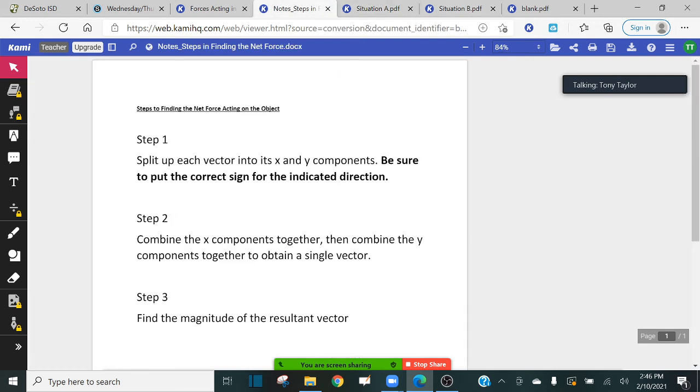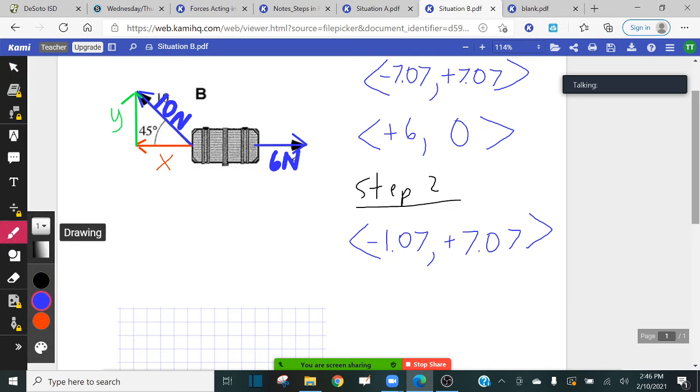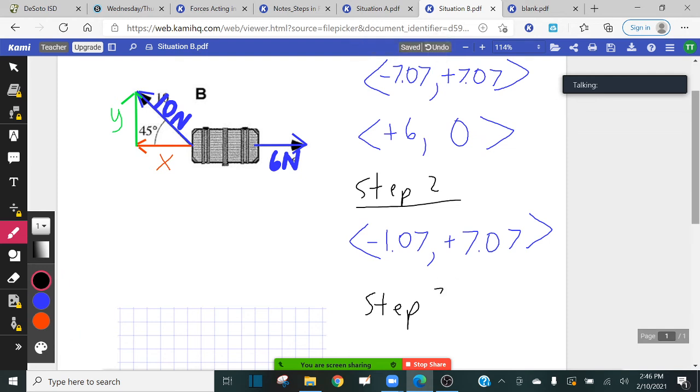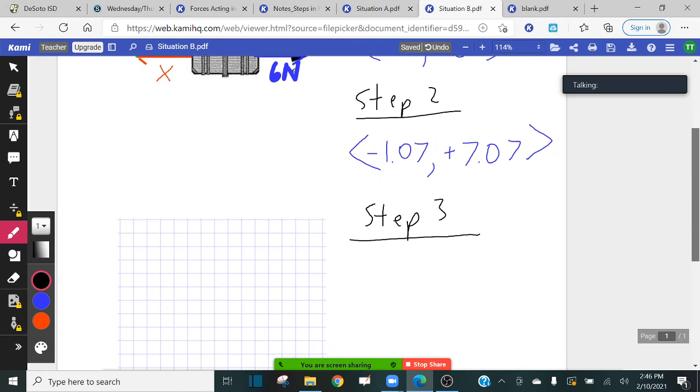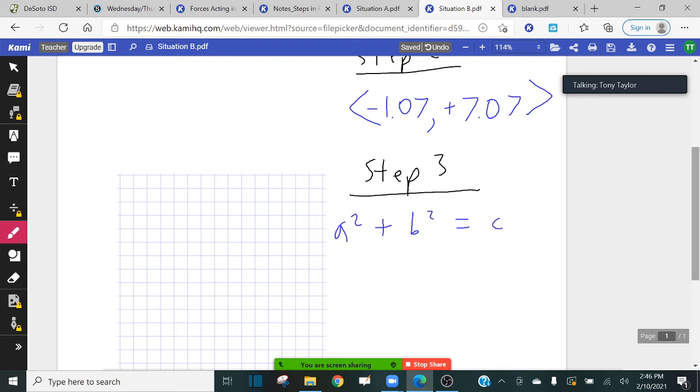Now, what about step 3? Step 3 says, once we add up those vectors to get our resultant vector, find the magnitude of the resultant vector. How do we find the magnitude of resultant vectors? Y'all know this, the Pythagorean theorem. So for step 3, we would just use the Pythagorean theorem: a squared plus b squared equals c squared.